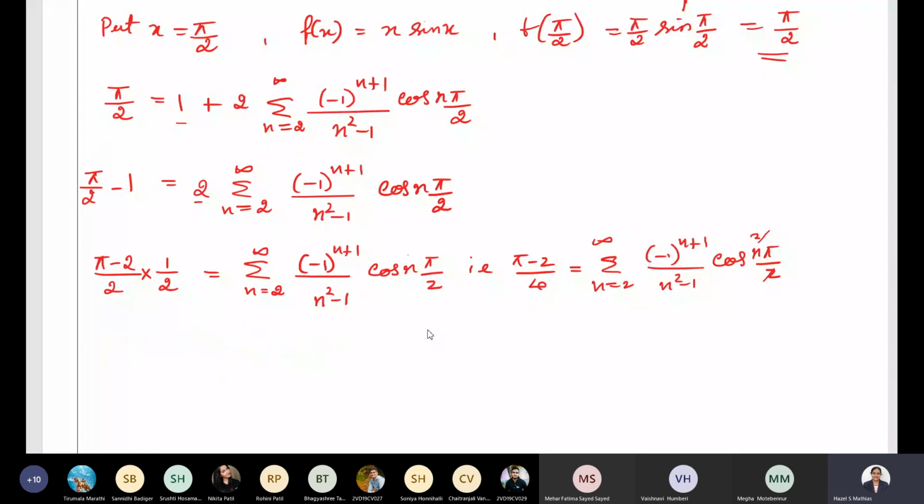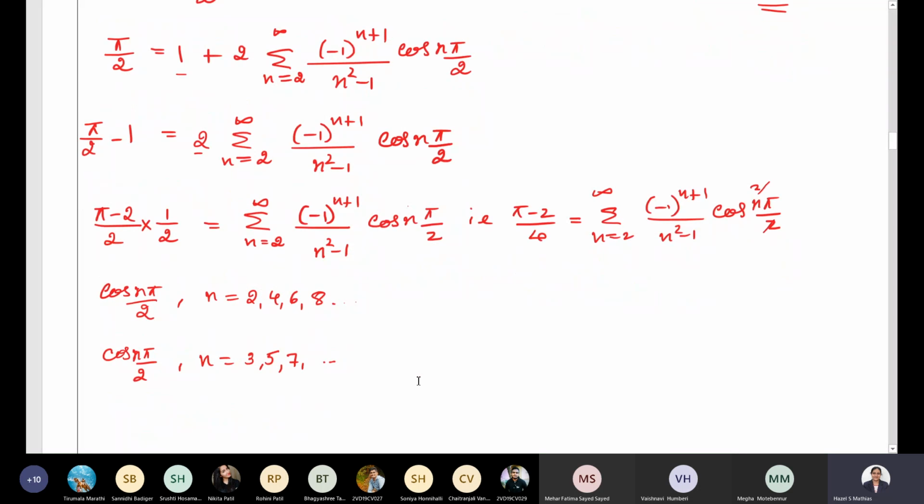Just substitute over here for cos n pi by 2, starting from n equal to 2, 4, 6, 8, etc. And similarly, put n equal to 3, 5, 7, etc., and check what the cos values will be.